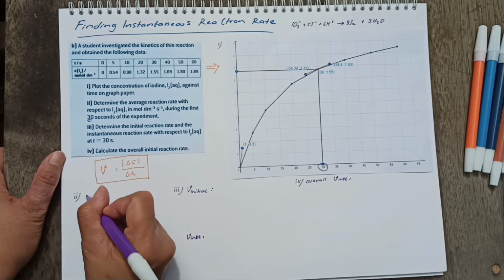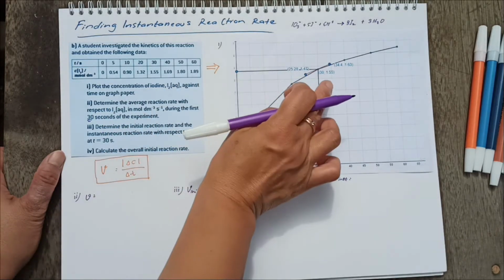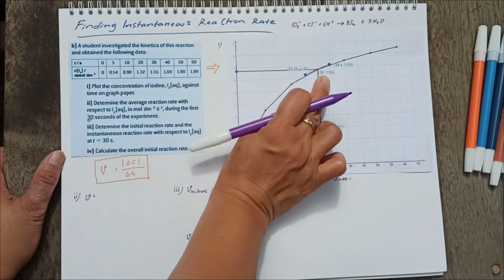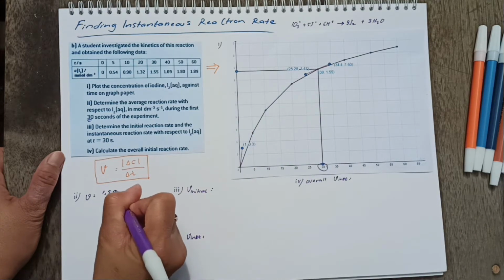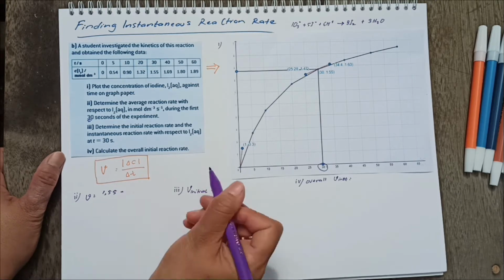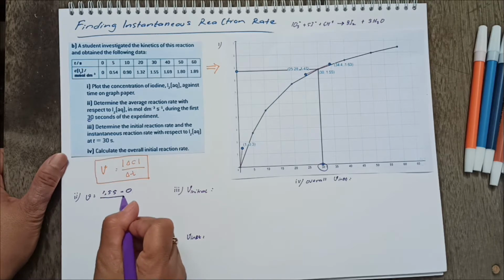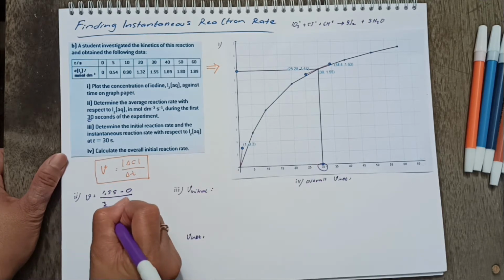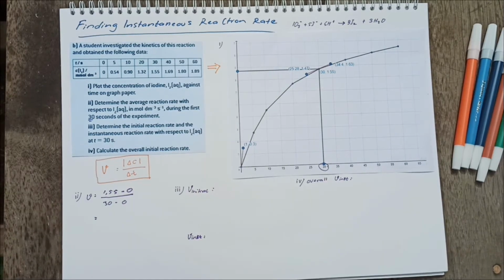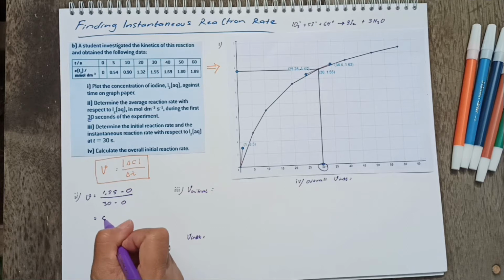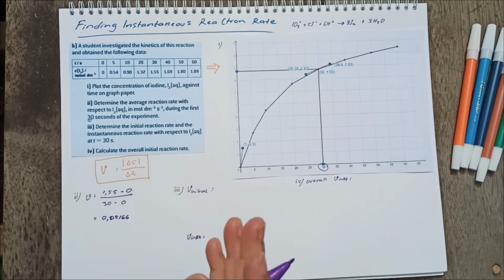And the velocity will be the after, which is this one, of the concentration. The concentration is 1.55, so I put it here, 1.55 minus 0 because it begins at 0. And then per 30 seconds minus 0. So the answer would be 0.05166 and so on.